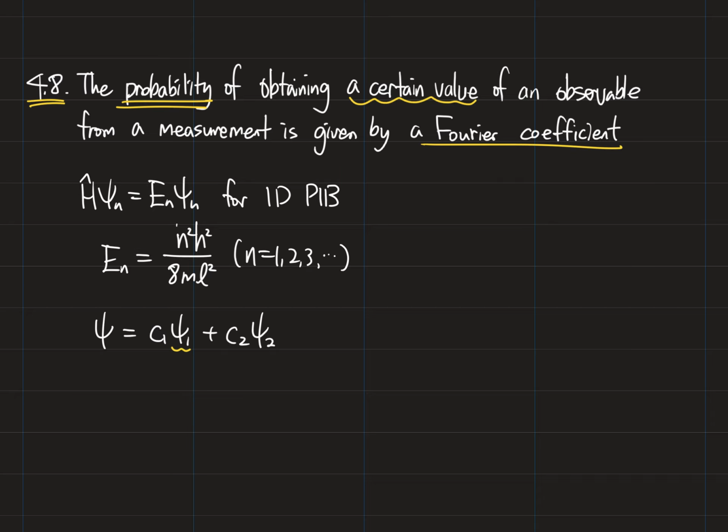So this corresponds to the energy h squared over 8 m l squared. So when we measure 100 times, we cannot really say for the first measurement, do we get the energy of this value or the higher value? We don't really know.